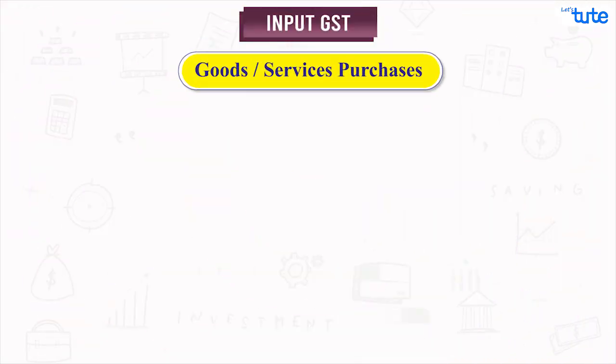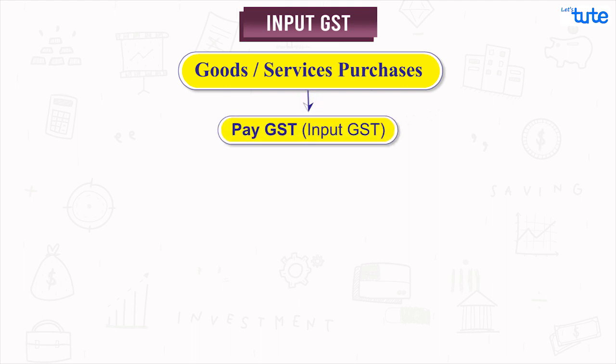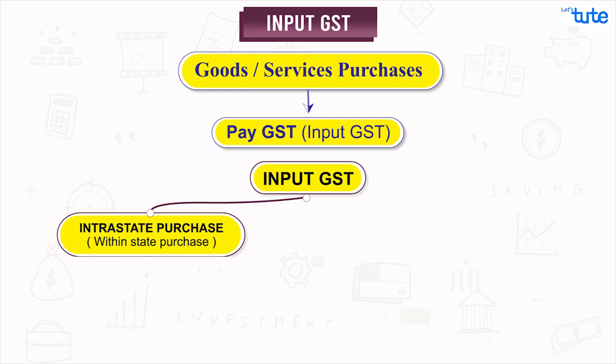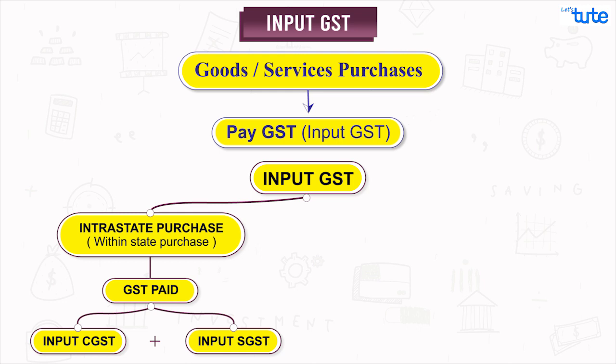Now when any goods or services or both are purchased, the GST that is paid on it is known as input GST. In case of intrastate, that is within the state purchase of goods or services or both, the GST paid on it is accounted as input CGST and input SGST.